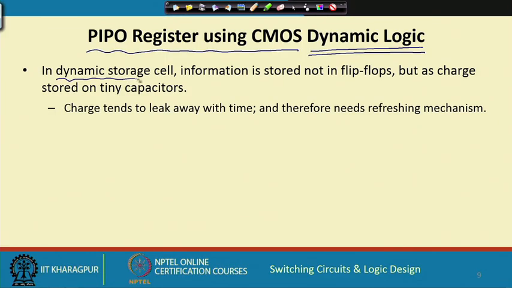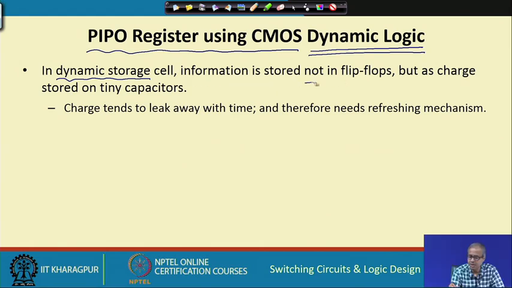Dynamic memory is based on a very similar principle to what we are going to discuss now, dynamic logic. So, in dynamic storage, we store information not in flip flops, but as charge stored on tiny capacitors. But where are these capacitors coming from? Let us take a very specific example.